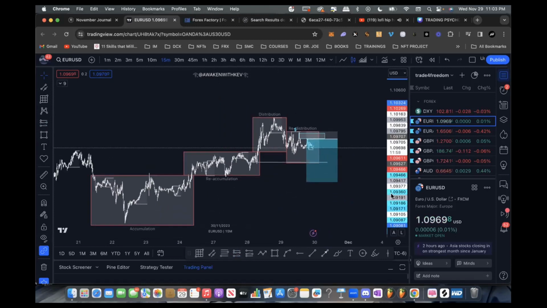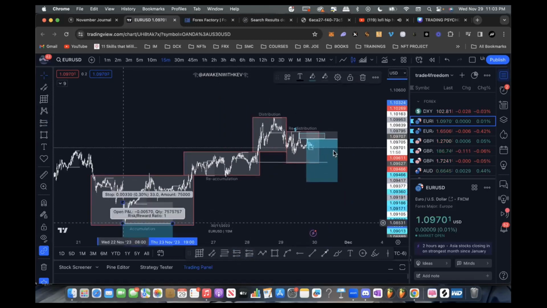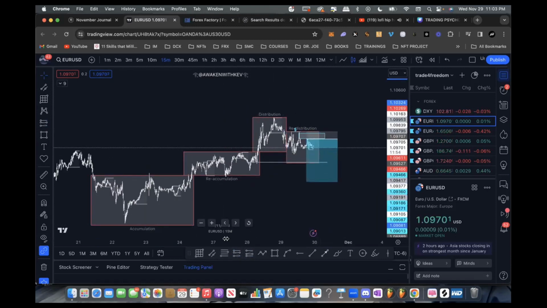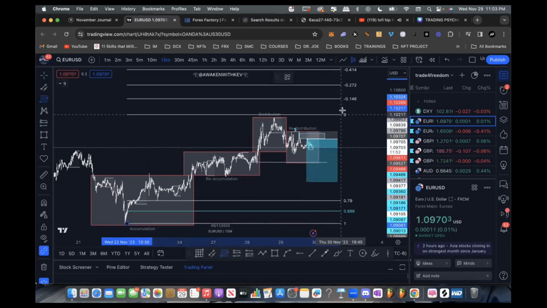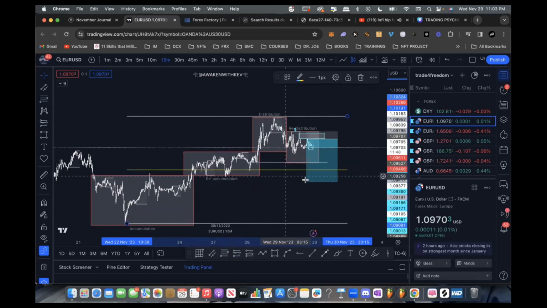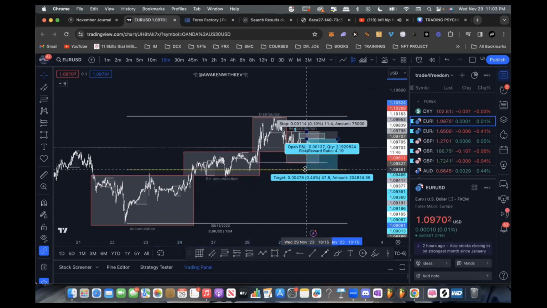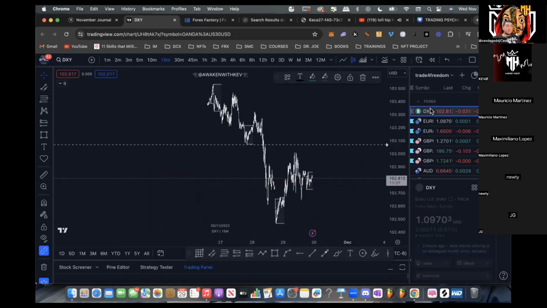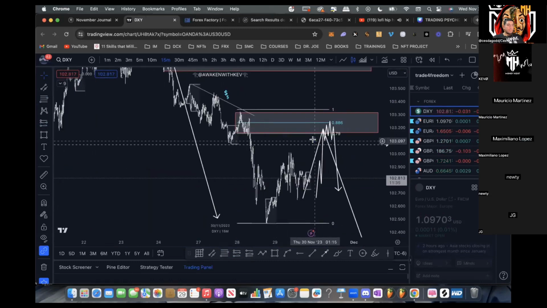Deeper into this range. If we zoom out and play from this low to this high, I want to see us come back down at least to the equilibrium or these equal lows, like a 1 of 5 basically. But it really just depends right now. DXY is in an interesting spot.